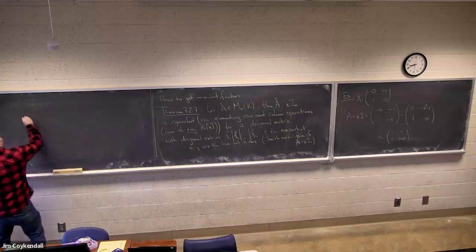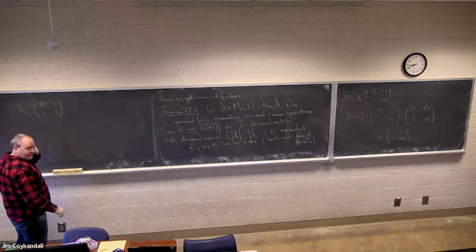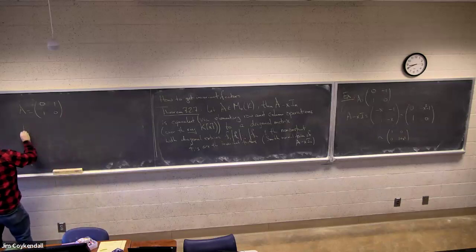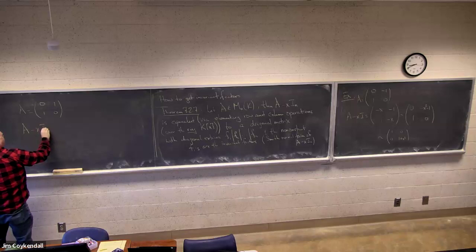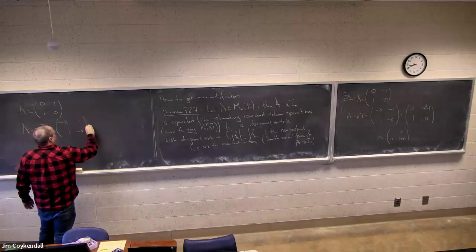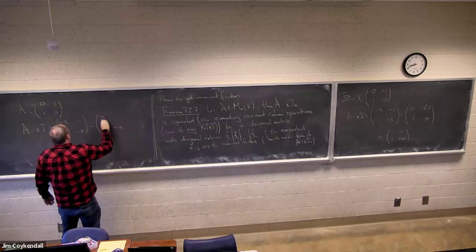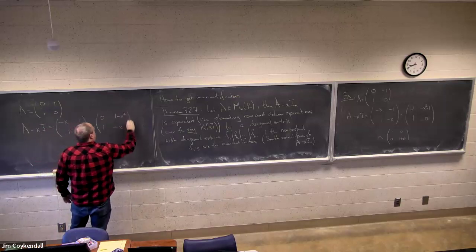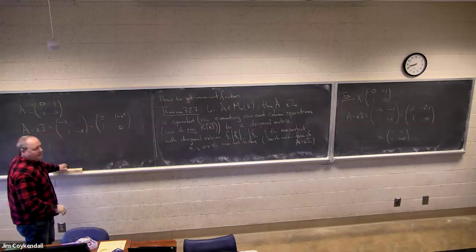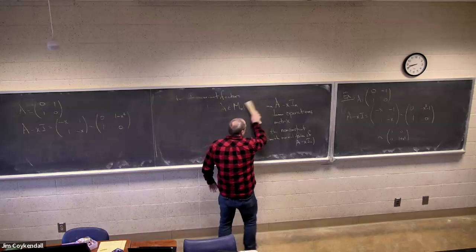If you have this, then multiply this by x and add. Take this out. So now we get x squared minus 1. Again, the characteristic polynomial.